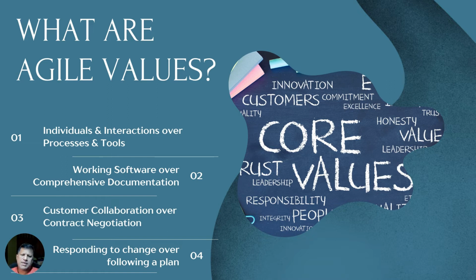So here what we say is progress should be measured on delivering working software rather than delivering comprehensive documentation. So we focus on just in time documentation. It does not mean that we don't document anything. We still document, but we document just enough of what is required for the scope of work that we are planning to deliver.